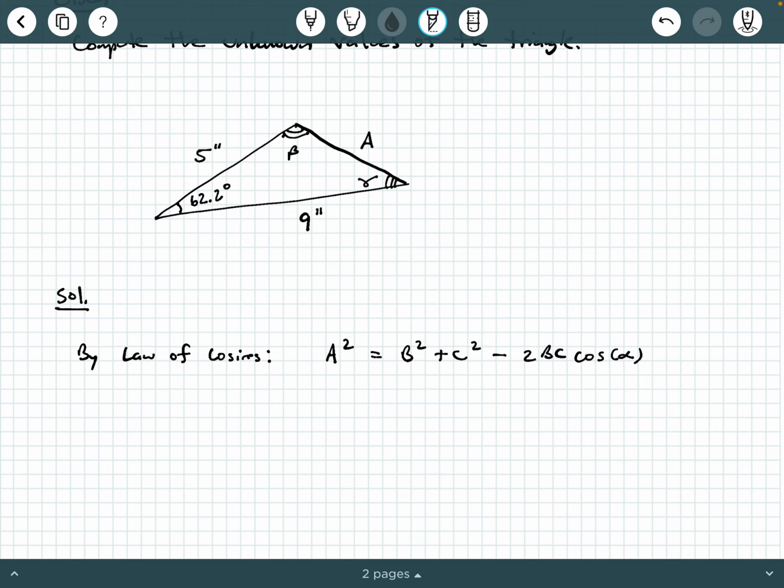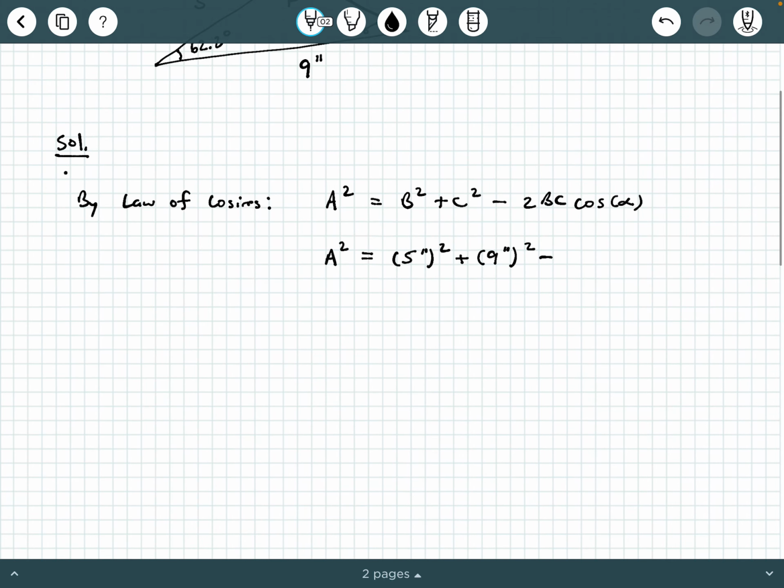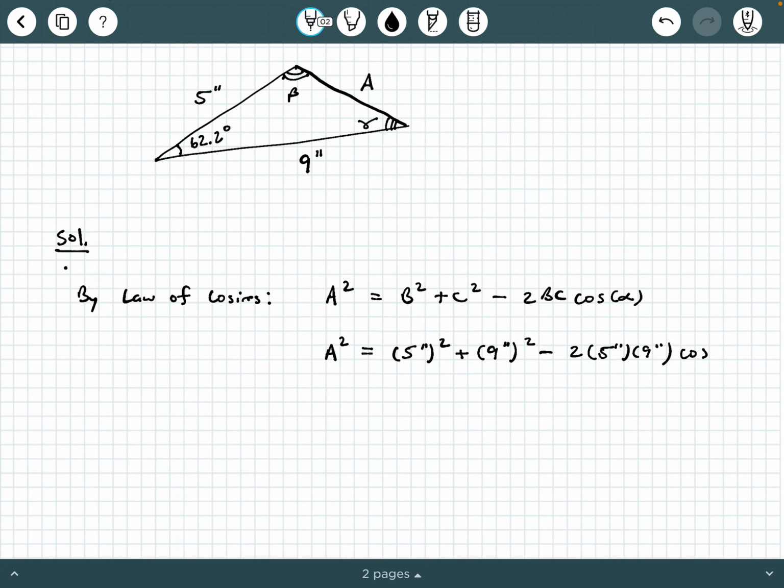Now, let's piece all this together and see what we have. Well, we can say a squared is equal to 5 inches squared plus 9 inches squared minus 2 times 5 inches times 9 inches times the cosine of that angle, 62.2 degrees, okay?